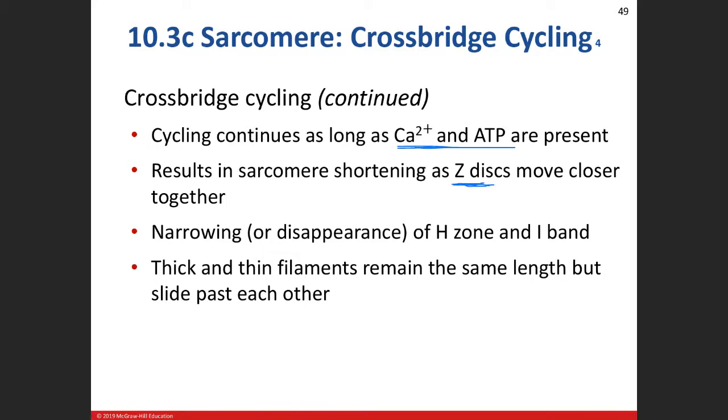The H zone and the I band will start to narrow or completely disappear if we hit maximal muscle contraction, but they'll definitely narrow. I'll show you on the next slide. But an important concept to understand is our thick and thin filaments never change length. They're always the same length. Always. Those are a couple concepts you want to keep in mind.